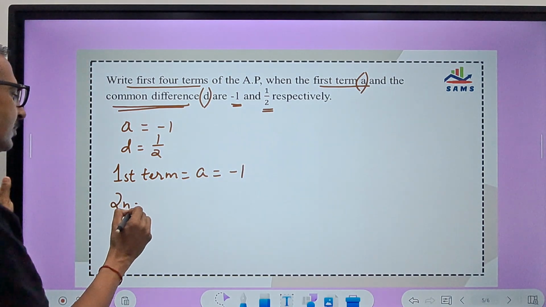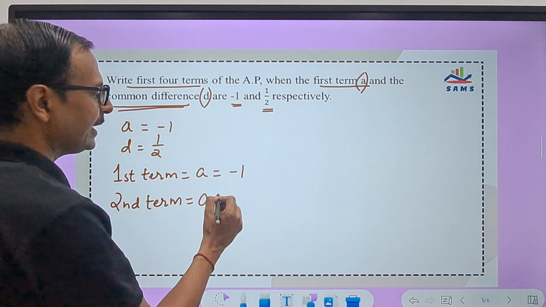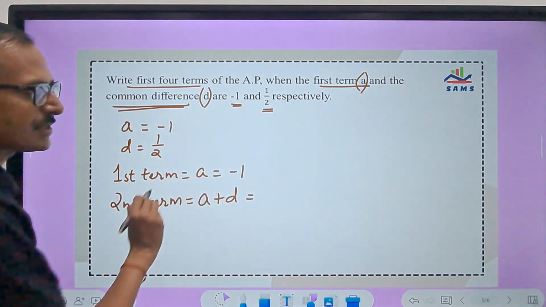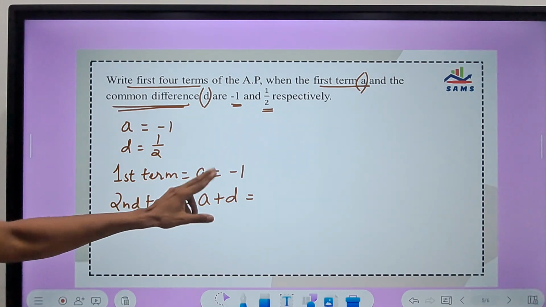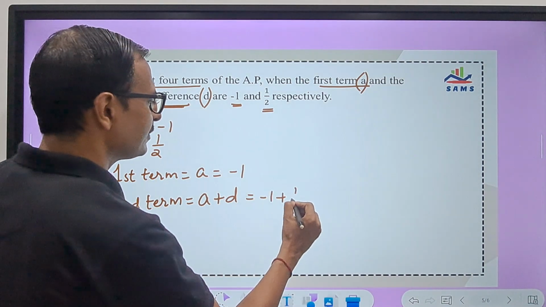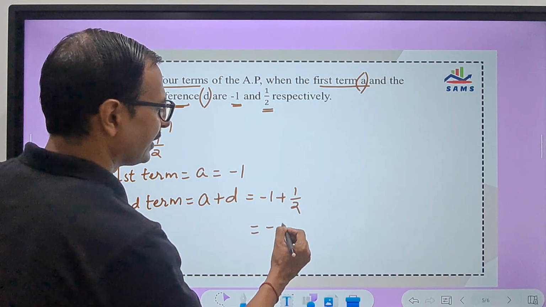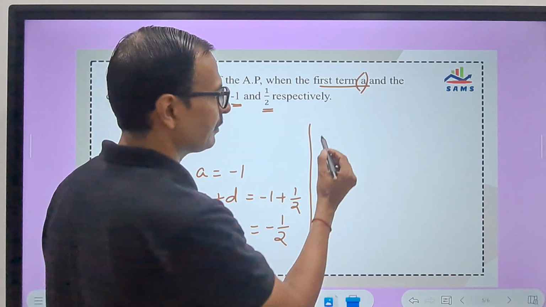The second term, when we have to find consecutive terms, we keep on adding the common difference to the previous term. So A, the first term, A plus D, the second term. So now we can just put the values. A is minus 1 and D is half. So that gives us minus half as the second term. Now we can find any number of terms.